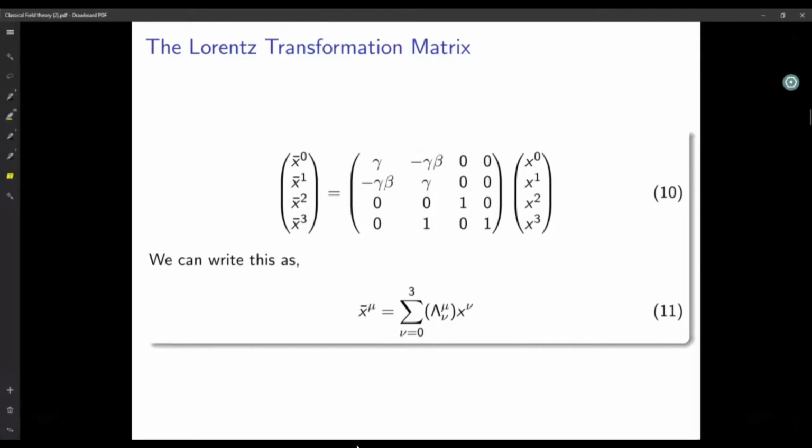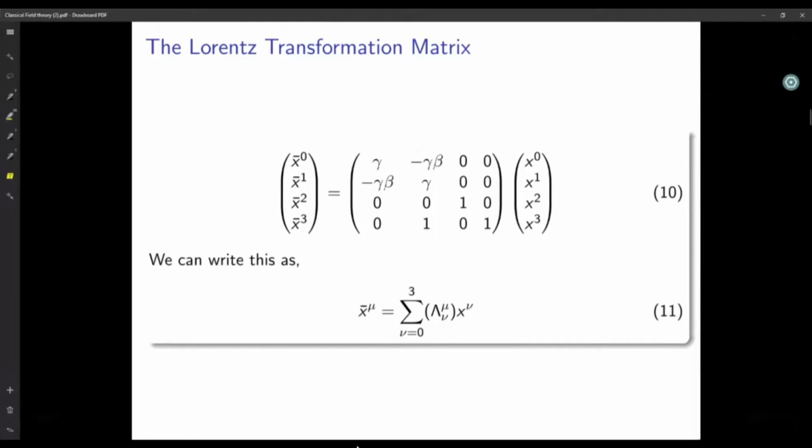What you see on your screen right now is the Lorentz transformation matrix, in the center there. We denote it by lambda with one covariant index and one contravariant index, essentially one mu on the top and one nu at the bottom. At this point we don't expect you to go into depth about covariant and contravariant indices and how they transform, but this is the basics.